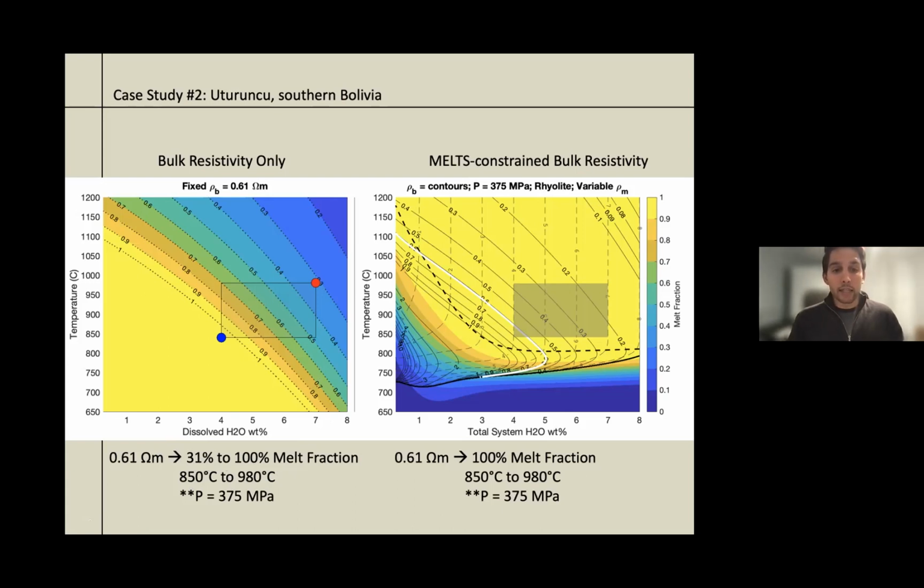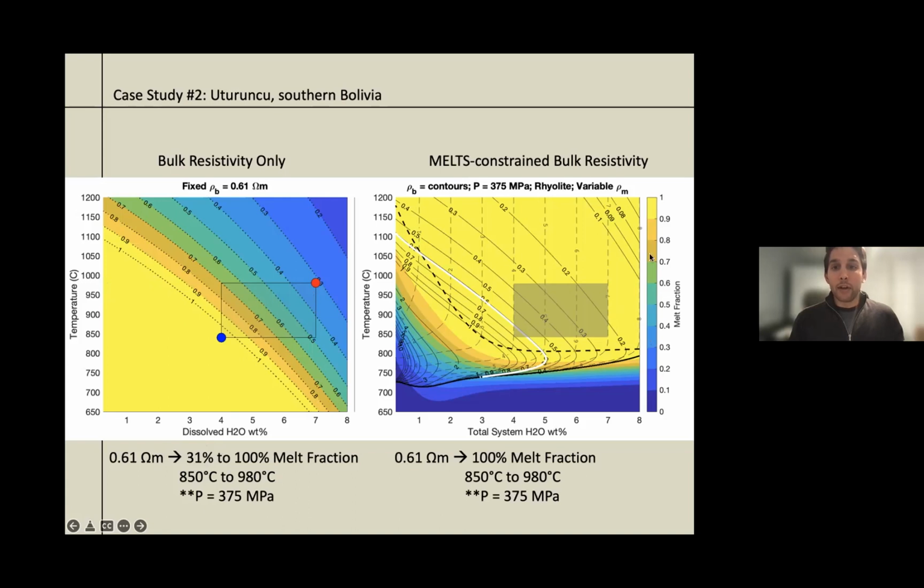So saying that this feature is 31% melt kind of jives with that. But remember that 31% melt is using a temperature of 980 degrees at 7 weight percent water. So is that actually thermodynamically realistic to have that kind of melt fraction at that temperature and water conditions?